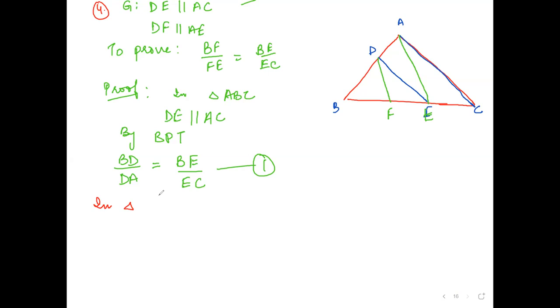E for elephant. ABE. Good. In triangle ABE, your line DF is parallel to AE, right? So again by BPT, therefore by BPT, I can write BD upon DA, one side of the triangle is equal to the other side. Because F is the breaking point, so BF upon FE. Is this clear?